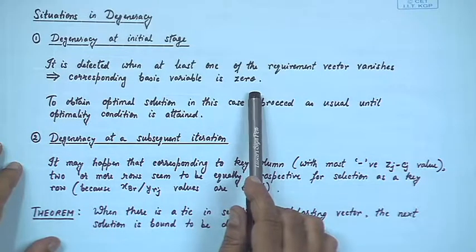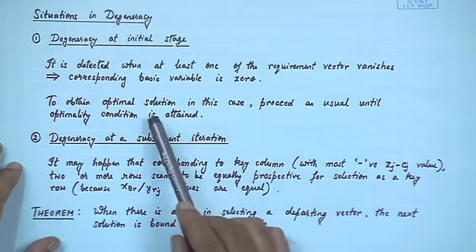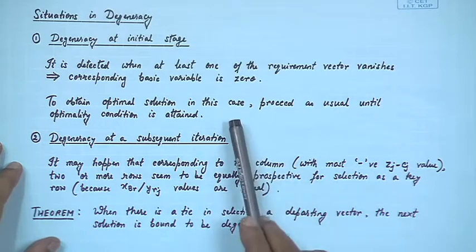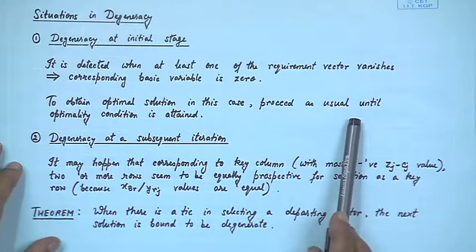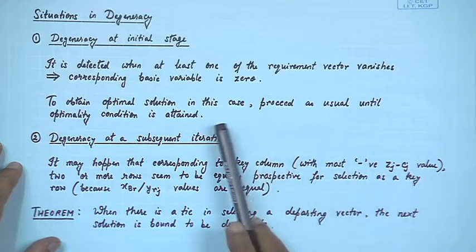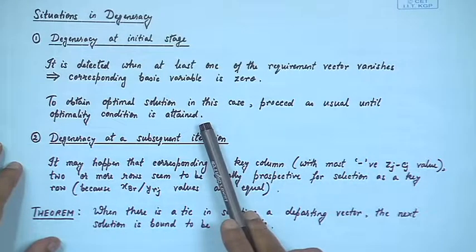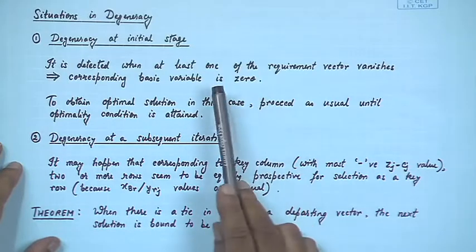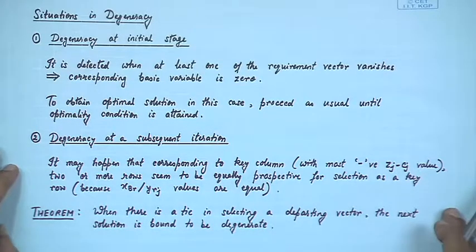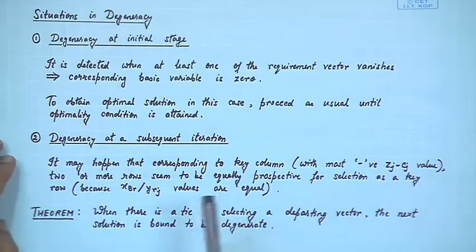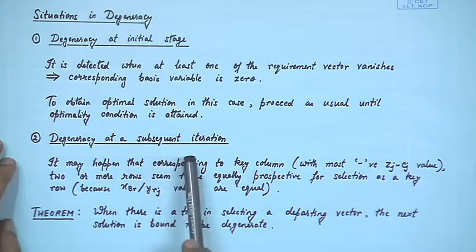To obtain the optimal solution in this case, you proceed as usual until the optimality condition is obtained. You do not have to do anything extra. But the second one is degeneracy at a subsequent iteration.